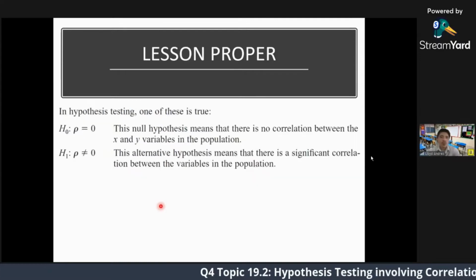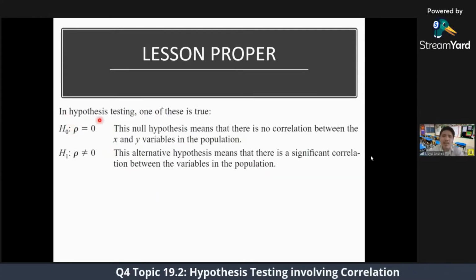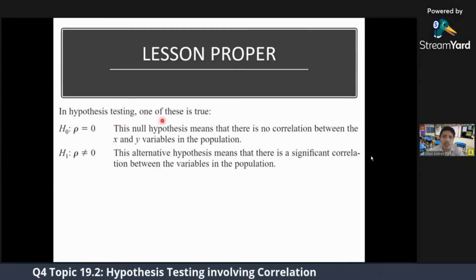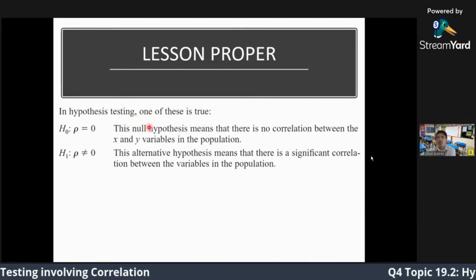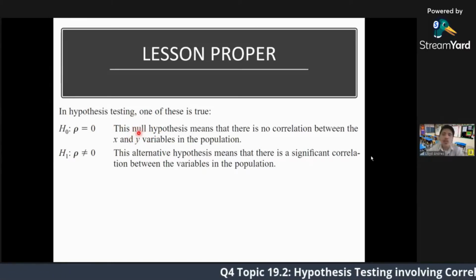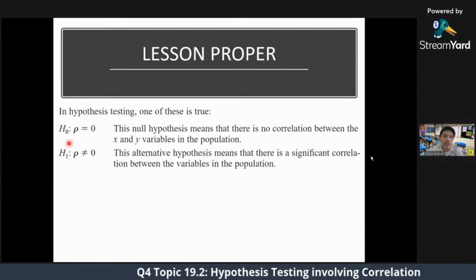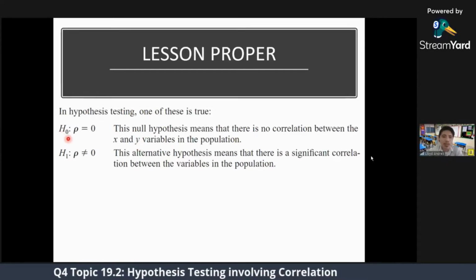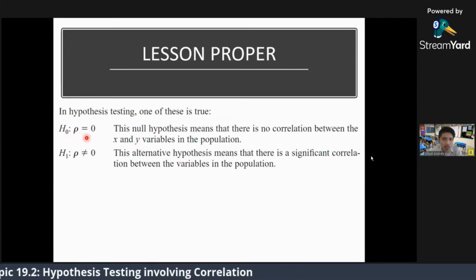So, in hypothesis testing, one of these is true. Once our hypothesis testing involves the population correlation coefficient, then our null hypothesis will be rho equals 0.